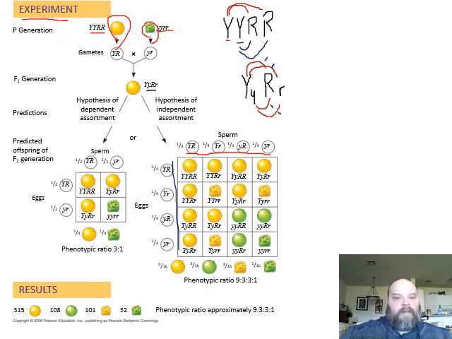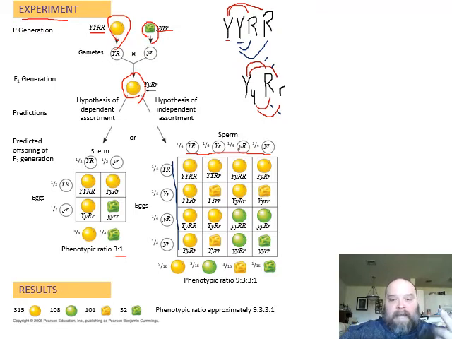If they are joined together always, then, since he did the cross, yellow and green gives you an F1 that's all yellow round, and if yellow round always has to go together no matter what, then his potential outcomes are going to be his 3-to-1 ratio.